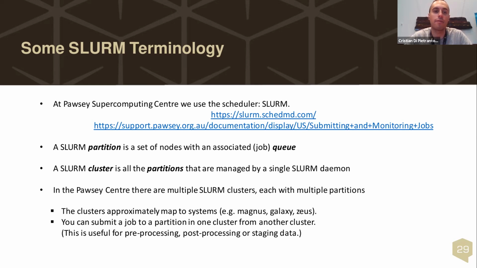Some partitions may have a longer wall time, allowing a program to run for longer, or give access to a higher quantity of memory. A cluster is all the partitions, and usually corresponds to a supercomputer. Sometimes you can hear a person calling the supercomputer a cluster, or vice versa. It's basically the same thing.